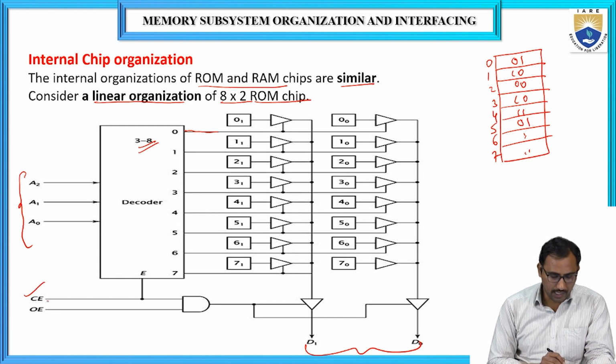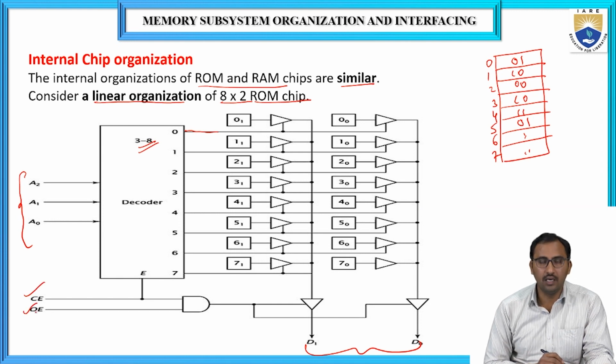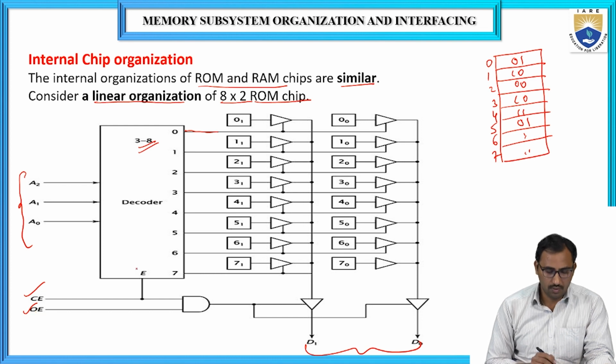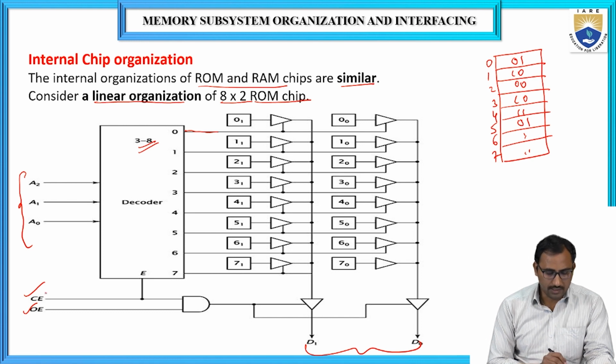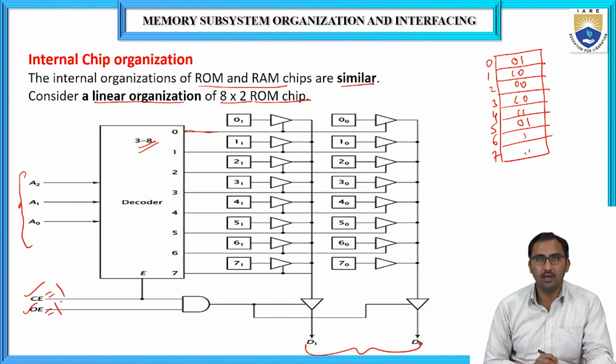And here, chip enable and OE. CE means chip enable and OE means output enable. In order to read the data from the memory cell, the CE should be logic 1 and OE should be logic 1.